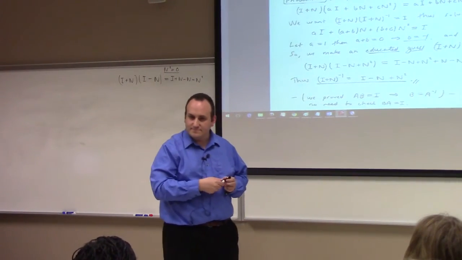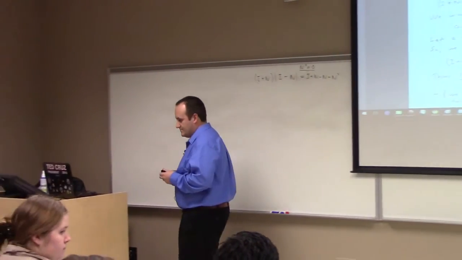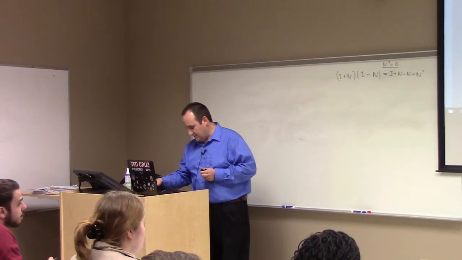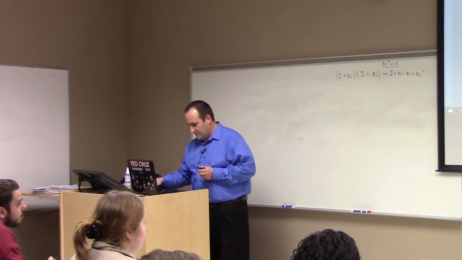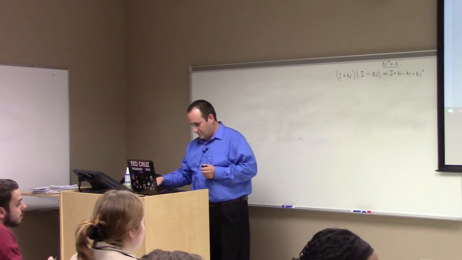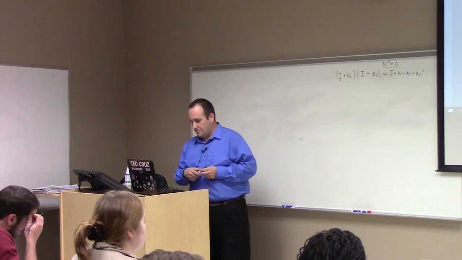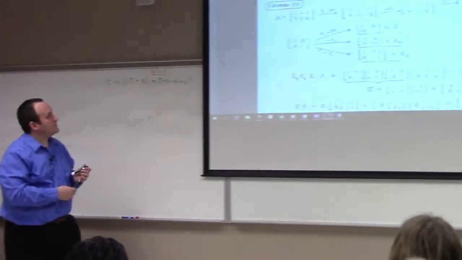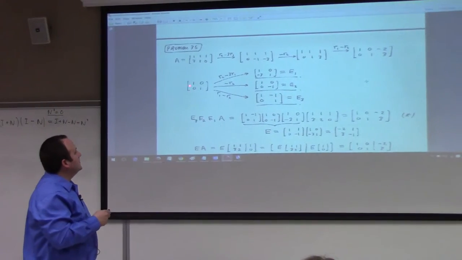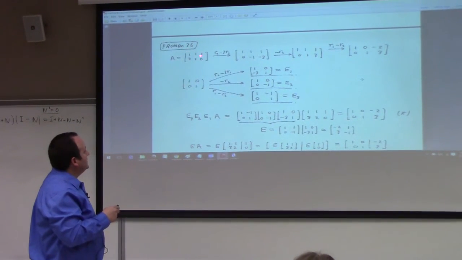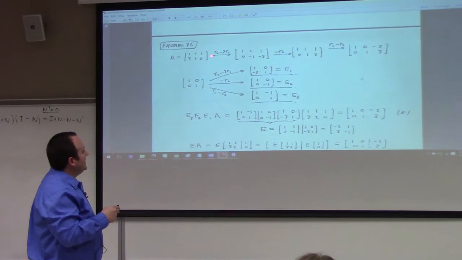Yep. Can we look at the one where you did elementary matrices? Absolutely. Which one was that? There's a couple of them. 36, yeah, sure. So I have this matrix, 1, 1, 1, 3, 2, 0. And then I do row reduction, right?